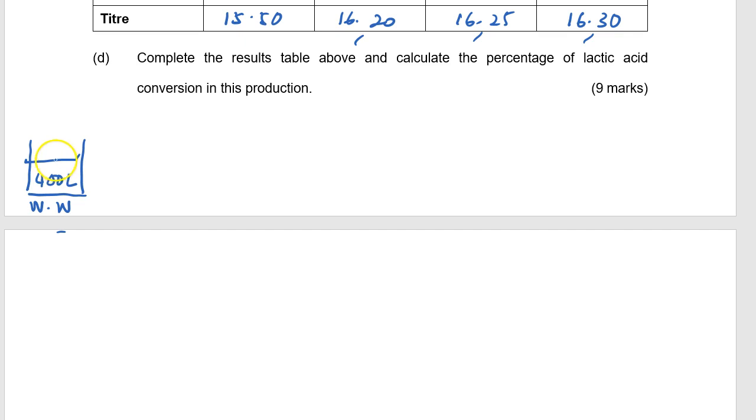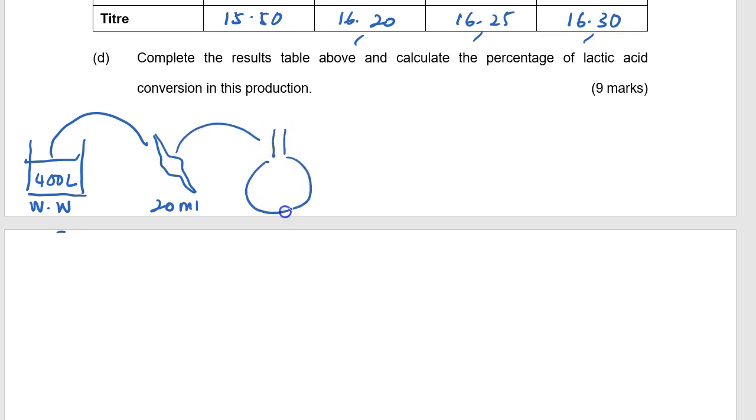Now out of this 400 liters of wastewater, 20 ml was taken out. This 20 ml is then transferred into a 250 ml volumetric flask and diluted to 250 ml.